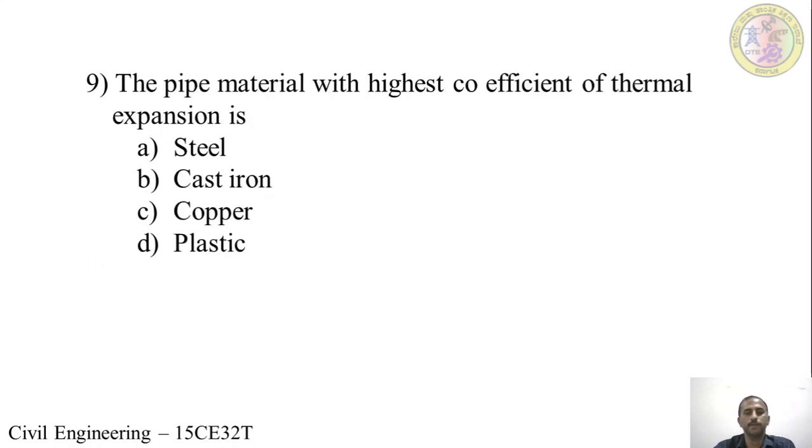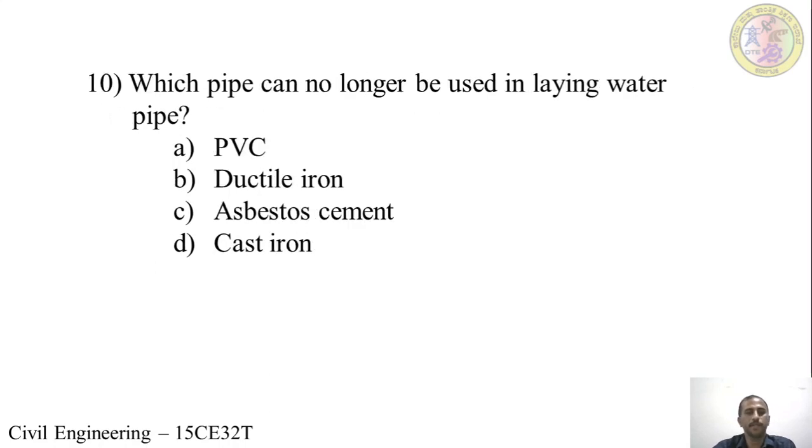Question number 9. The pipe material with highest coefficient of thermal expansion is A. Steel, B. Cast iron, C. Copper or D. Plastic. The answer is D. Plastic. Plastic has the highest coefficient of thermal expansion compared to these other materials. Question number 10.